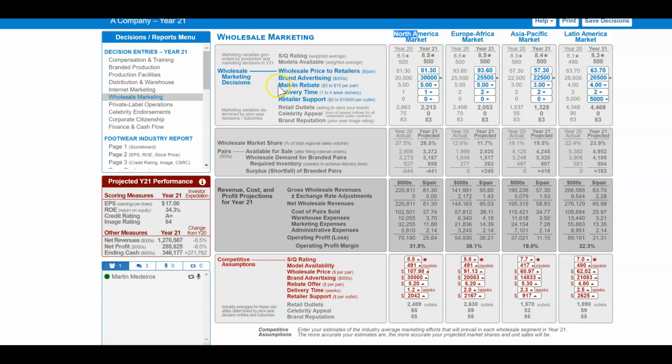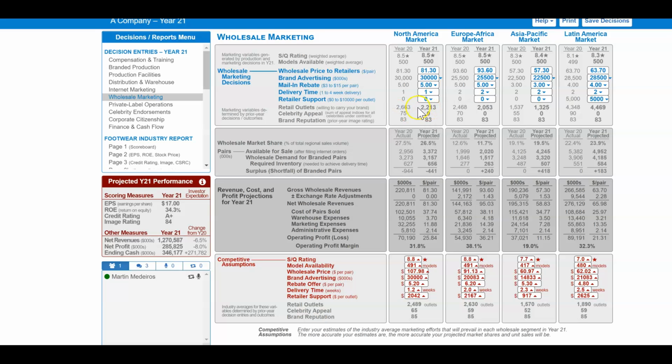They have a factory rebate, $5 per shoe. So $5 of this $81, they're rebating back to the customer when the customer mails it in. This tells you how fast they're delivering their shoe to the retailer: 1 week. They could have up to 4 weeks. Retailer support is how much they're spending on each retail outlet.